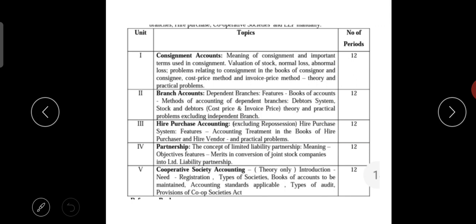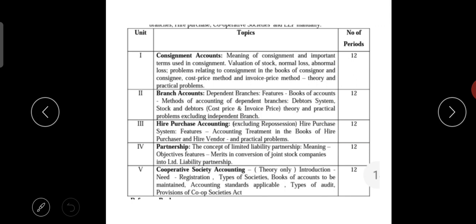Next, unit 5 is about cooperative society accounting. Here you are studying theory only and there are no problems. So you have to know about the introduction of cooperative society accounting, need for cooperative society accounting, the registration procedure for cooperative societies, the types of societies, and the books of accounts to be maintained by these societies.